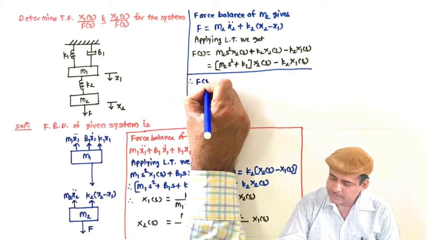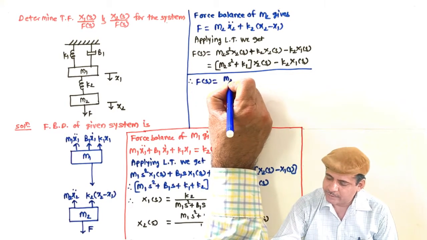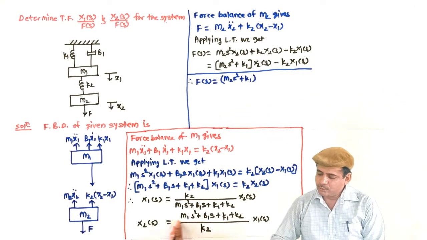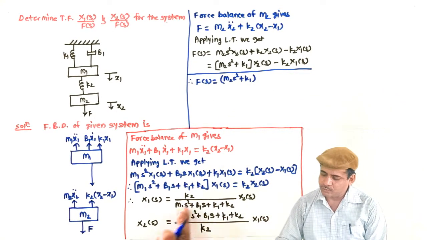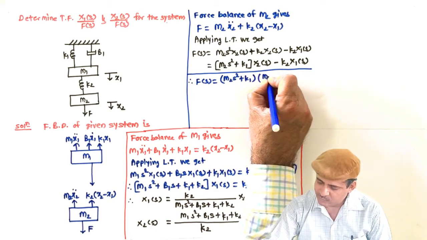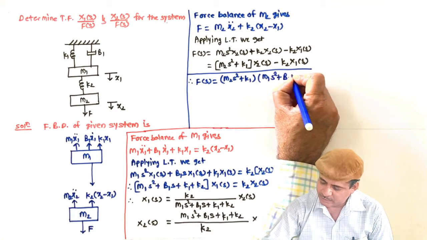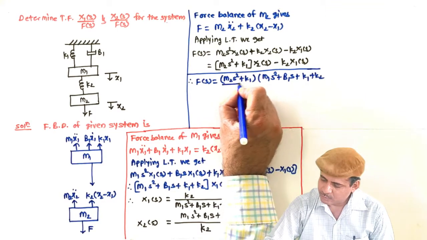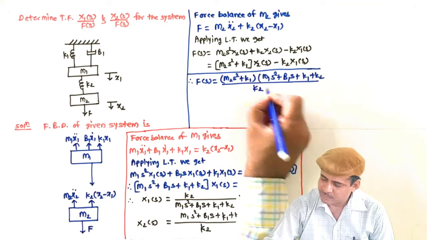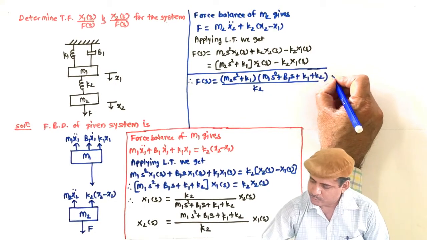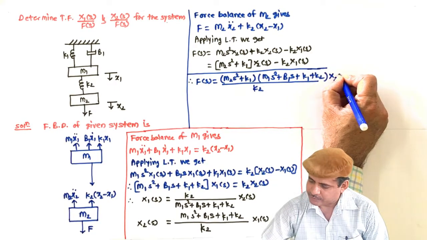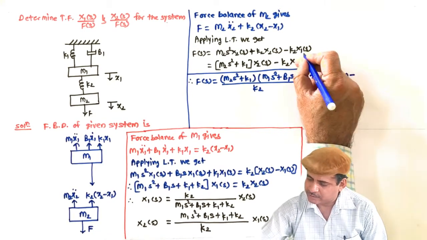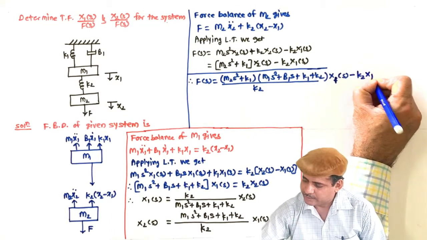So F of s is equal to m2 s square plus k2 into this term, this is x2, m1 s square plus b1 s plus k1 plus k2 whole divided by k2 into x1 of s, minus k2 x1 of s.